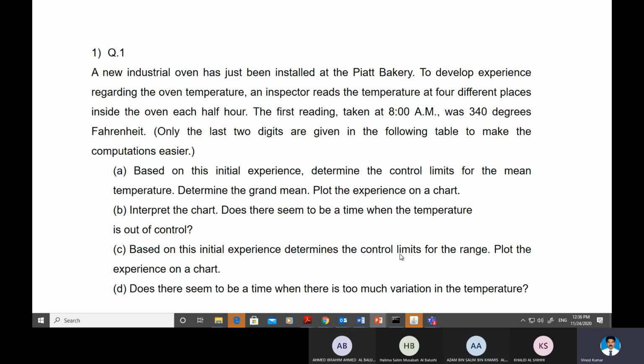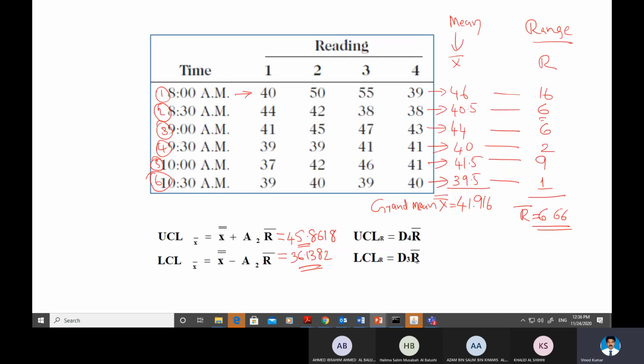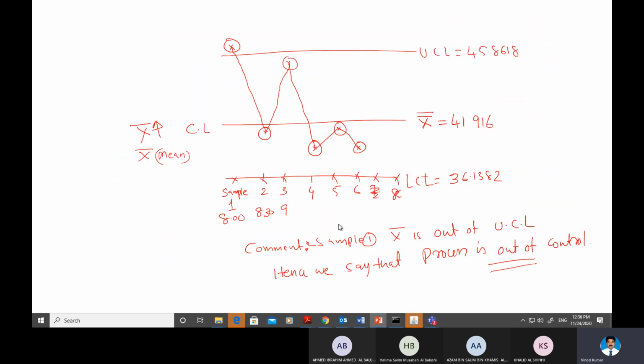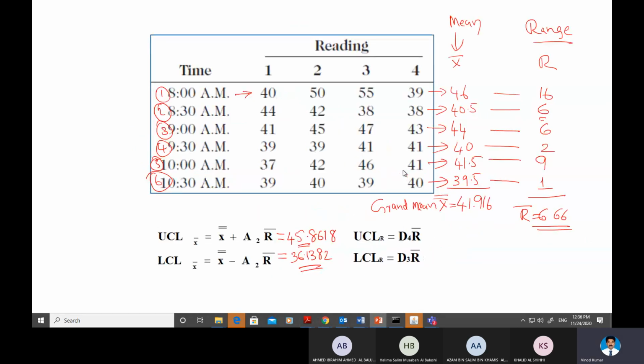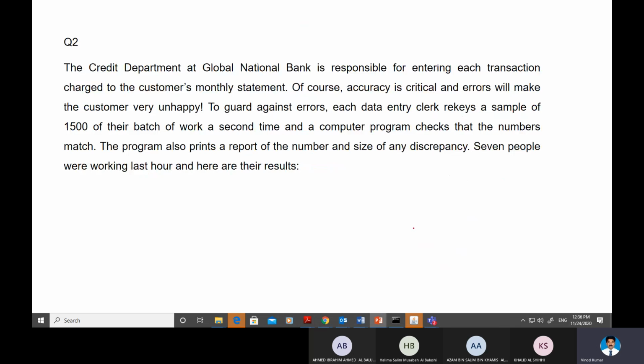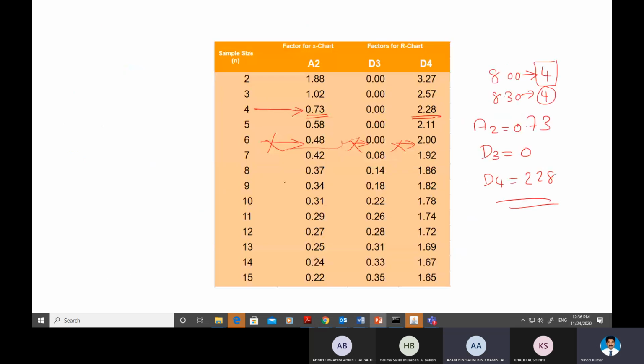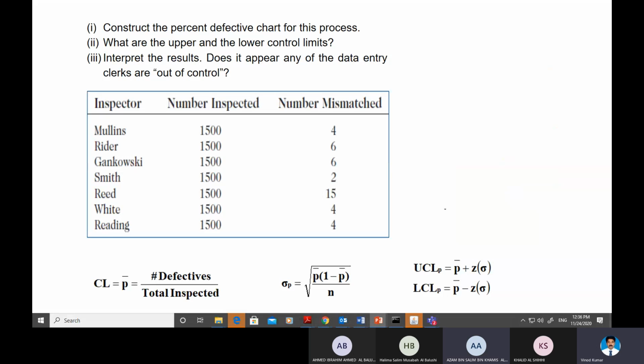Based on experience, determine control limits for range. Control limits for range are D4 R bar and D3 R bar. We calculated it here. I explained D4 R bar, right? How did we calculate D4 R bar? D4 corresponding to 4 is 2.28.